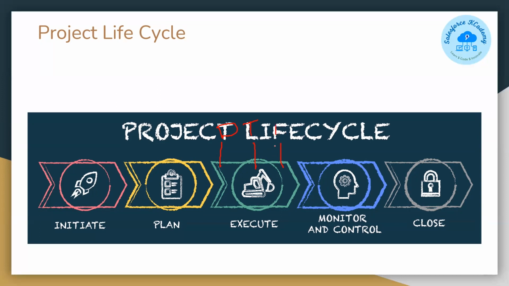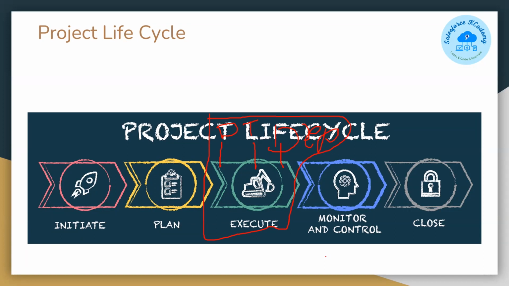So this is the deployment phase. In the execute phase, when it comes to Salesforce or any software project, these are the three most important things. Once your code or your application is deployed into the server, it will run continuously.